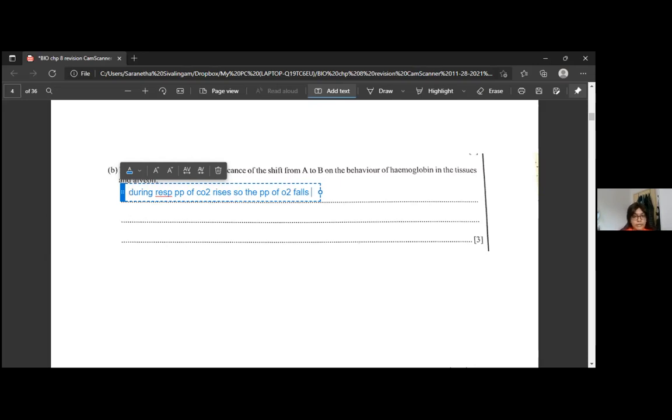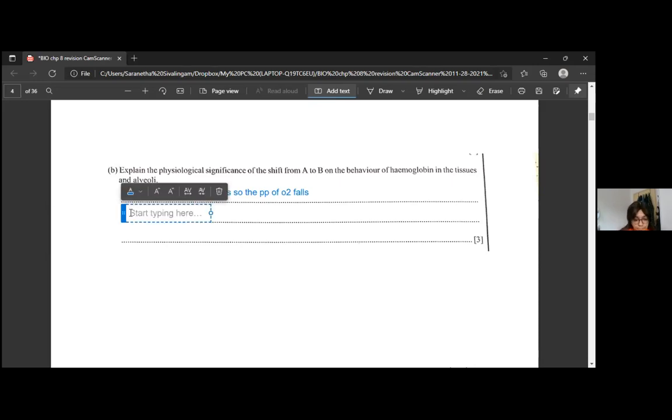So the next one I can talk about is that in curve B, the release of oxygen gas from the hemoglobin to the tissues is easier, and the uptake of oxygen gas into the hemoglobin is easier.